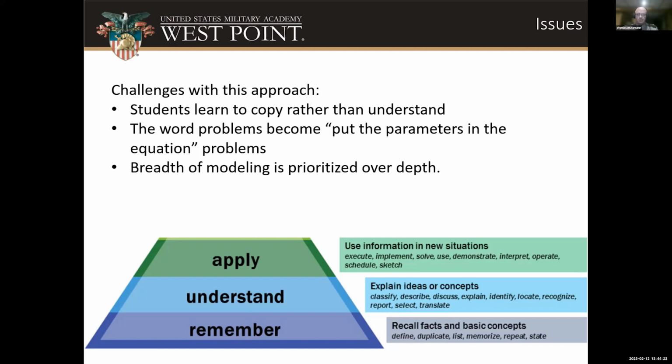And so instead, I'm going to propose kind of the other side of things, which I'm going to call a parallel framework. So in fact, at West Point, we give our students an 8.5 by 11 piece of paper to write whatever they want going into the test, just when we do a midterm or a final exam.